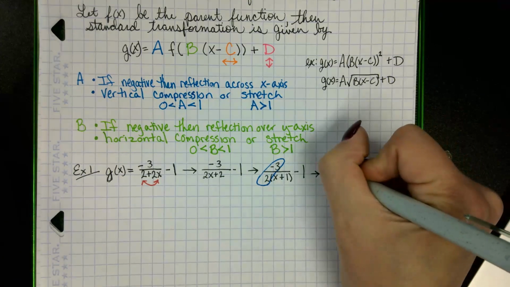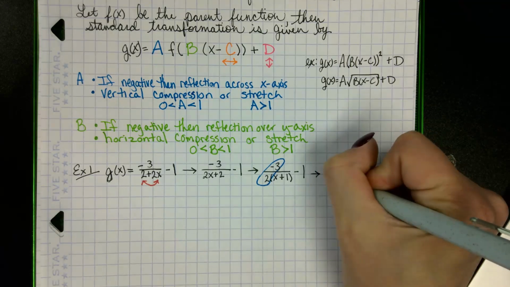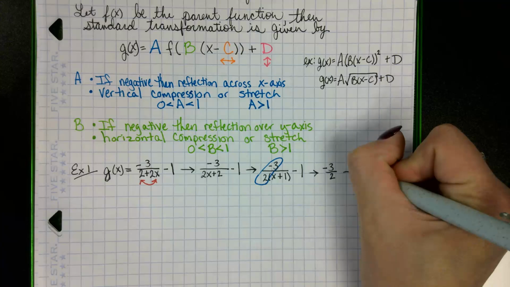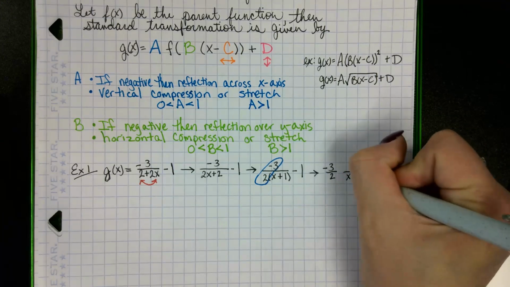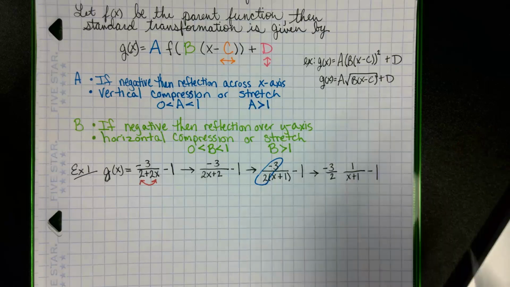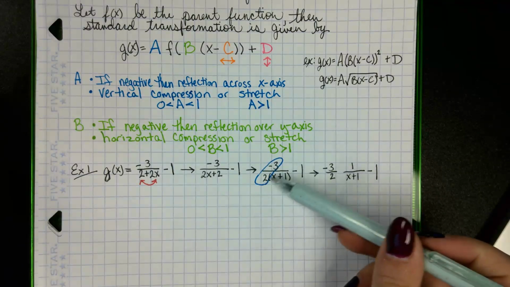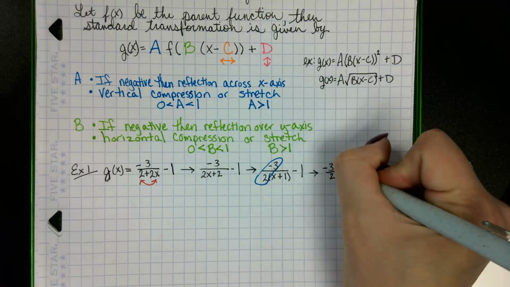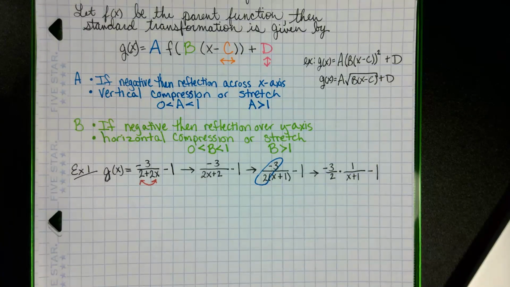So I can make this negative 3/2 times 1 over x plus 1 minus 1. So I just pulled the negative 3/2 out front. I'll just put a little multiplication sign. So that is now in standard transformation form.